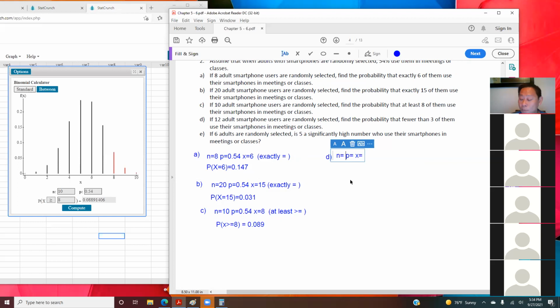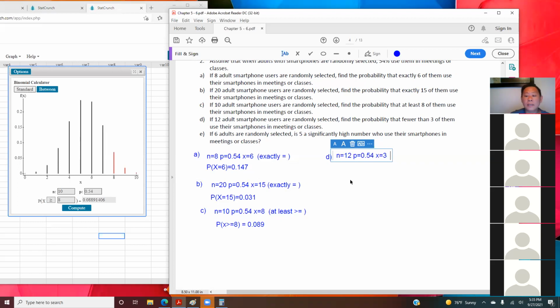So when you do a binomial case, this is what you need to do: N, P, X. N is 12. P is 0.54. And X is 3.